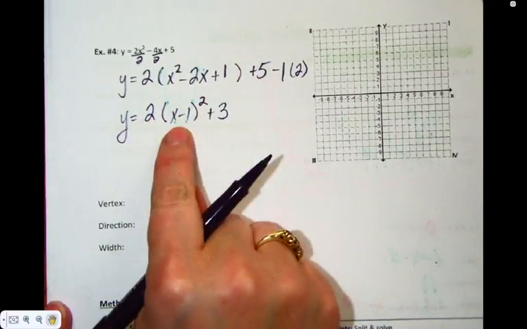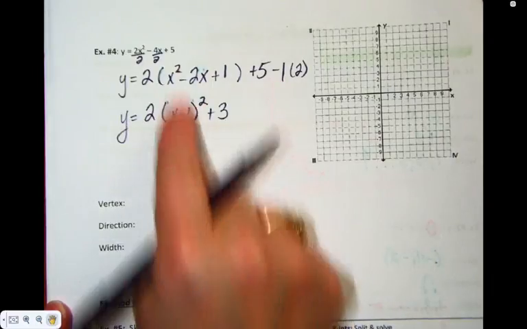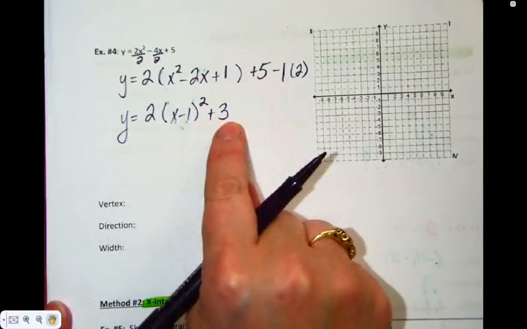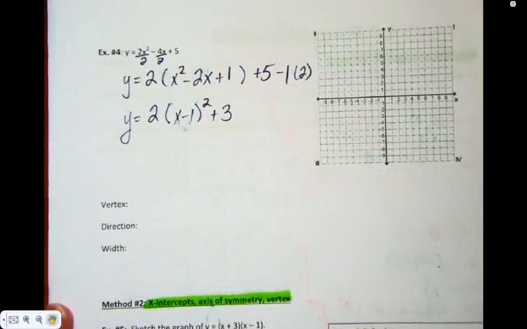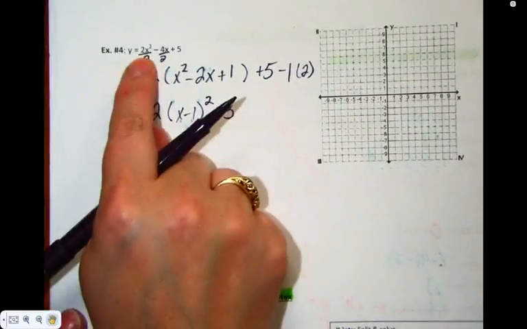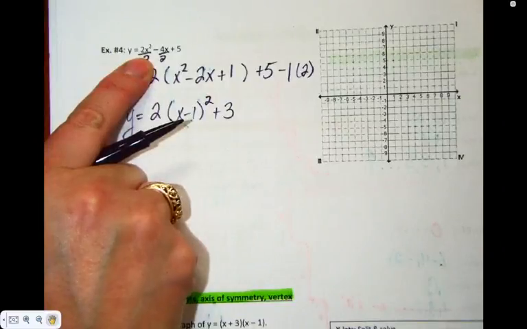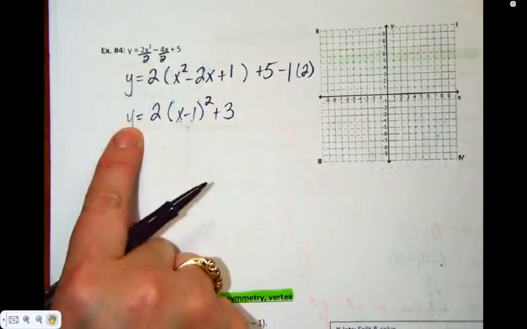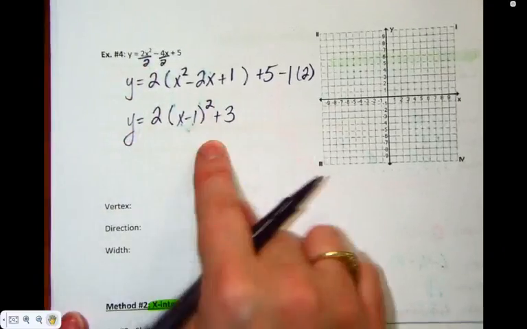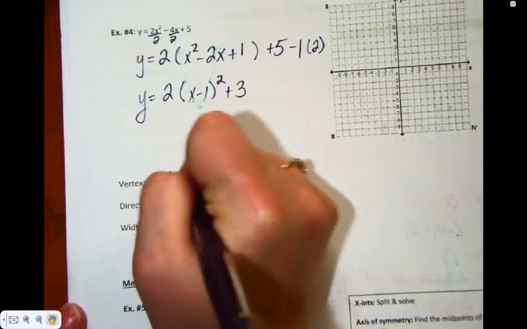Where did the minus 1 come from? Where did the 3 come from? Could you have looked at this and realized the vertex was 1, 3? That's why we need to complete the square, because the only way to get the vertex is in this form. Vertex, therefore, is 1, 3.